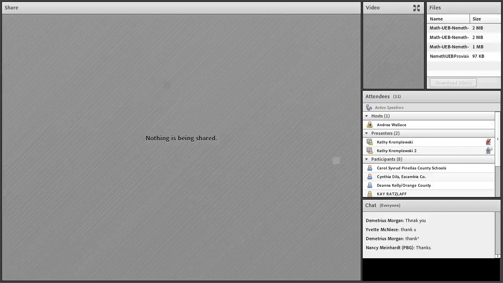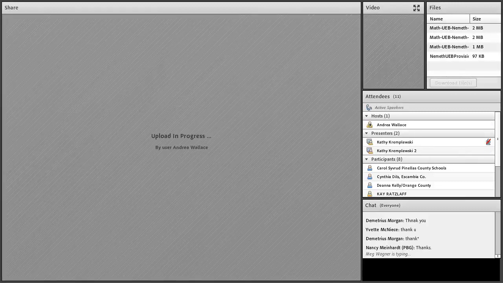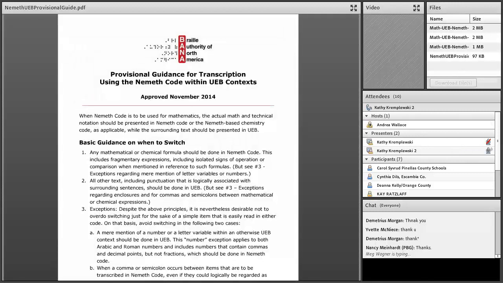Bear with me, folks, if you're sticking on there. There it is. It's quite a large file. It might take a second.